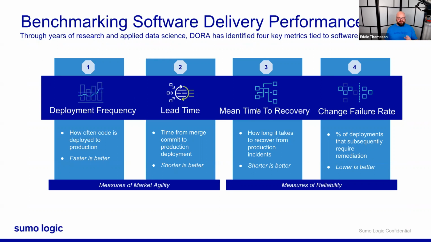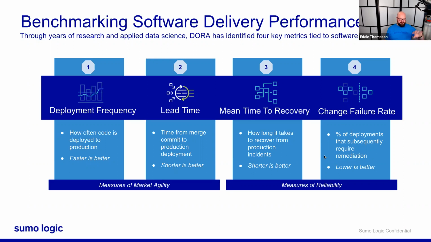And on the other side of the coin, we have mean time to recovery. That is how long it takes to recover from an incident in production, and shorter is better, obviously. And finally, we have change failure rate. That is the percentage of your deployments that subsequently require remediation in production, and obviously, lower is better. And these are our measures of reliability.